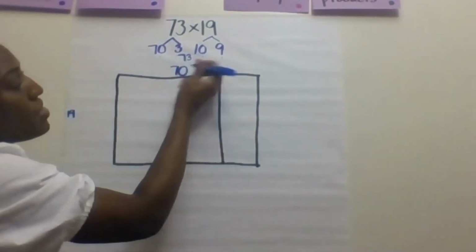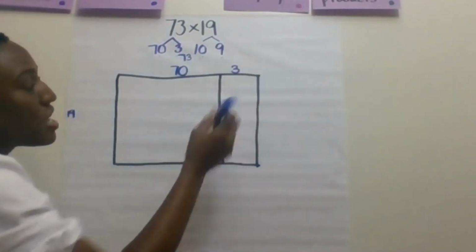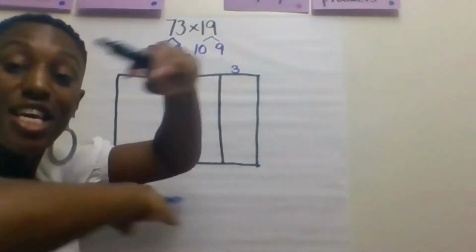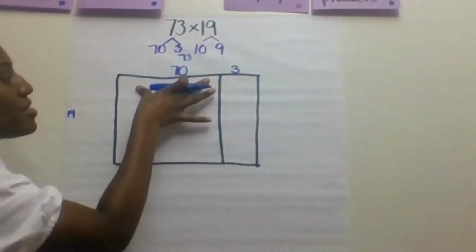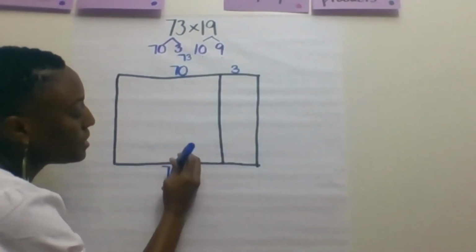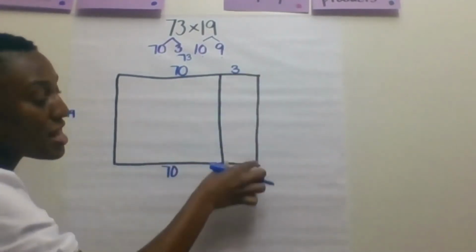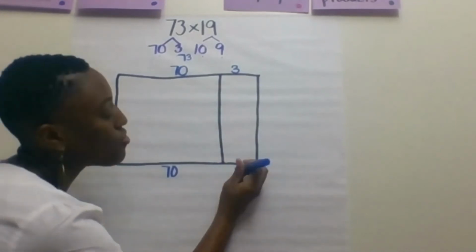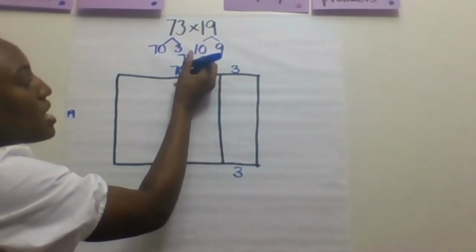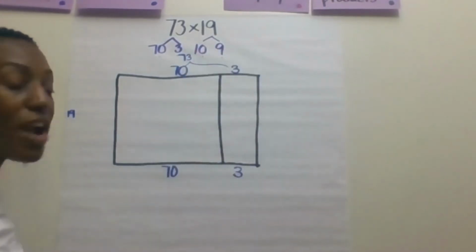This side is 70, this part is 3. We know opposite sides of a rectangle are equal. So let's go ahead. If this is 70, then that means this piece needs to be 70. If this is 3, then that means this piece is 3. Perfect. Now we know this equals my original factor that's right there.